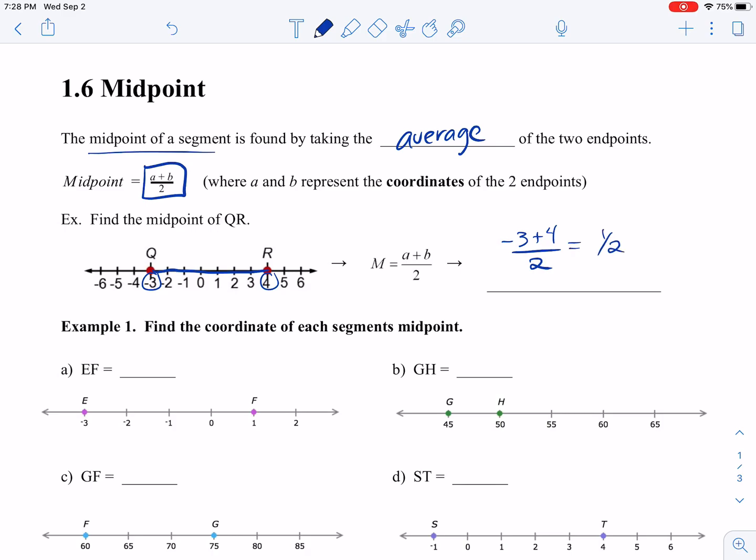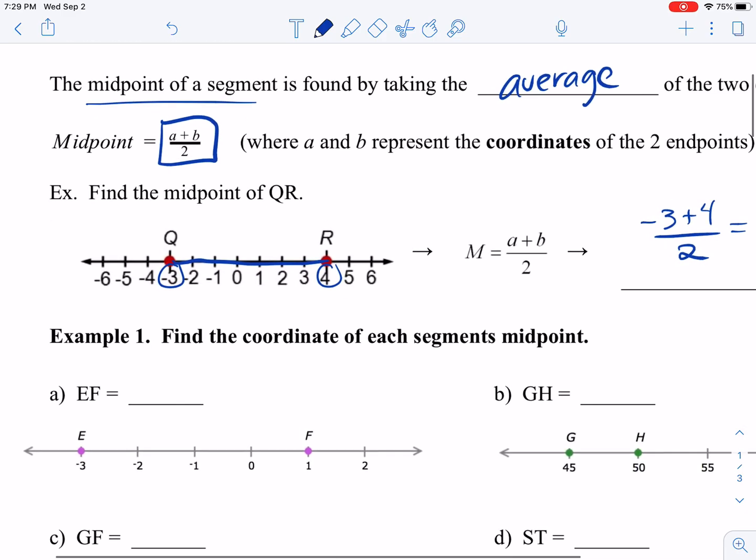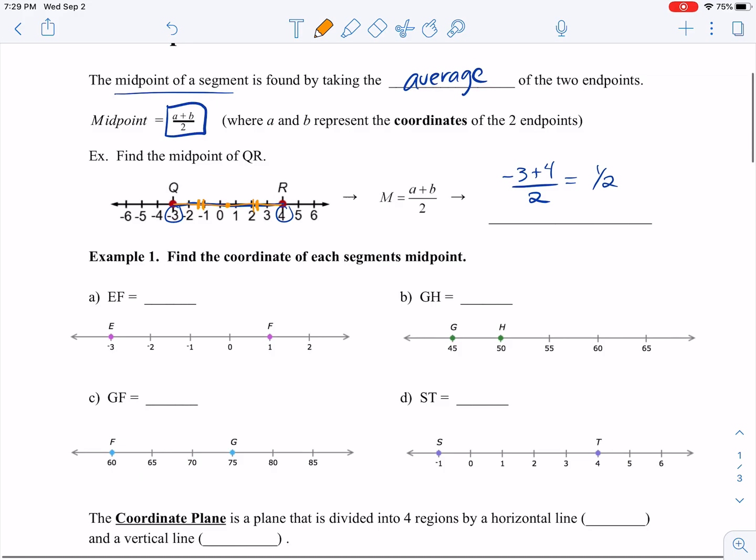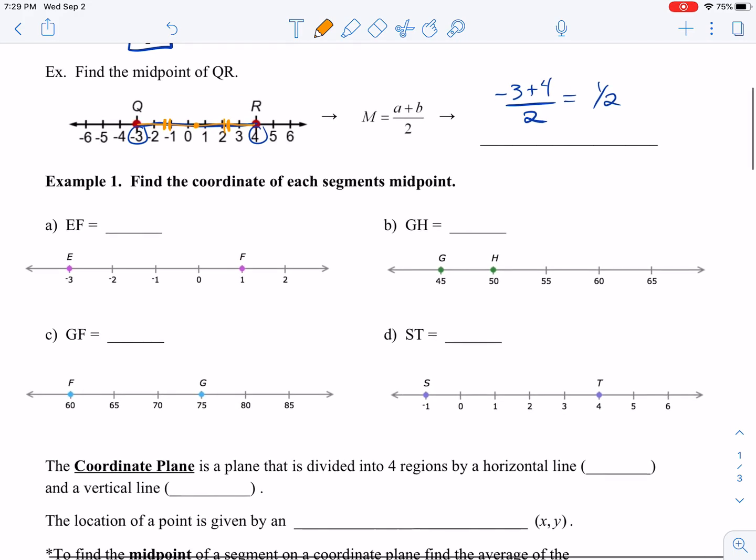And we get 1/2. If you go to your number line and plot positive 1/2, you can see we are the same distance to R as we are to Q. Remember, when I'm putting one line or two lines on both, it's showing same distance, congruent.